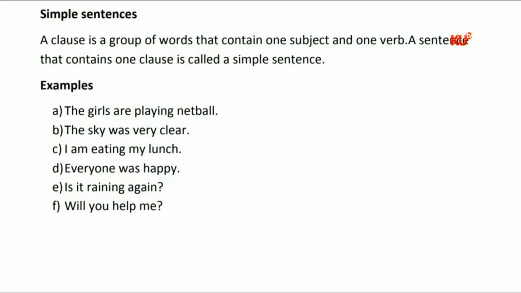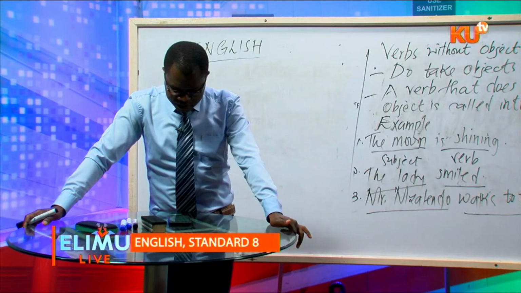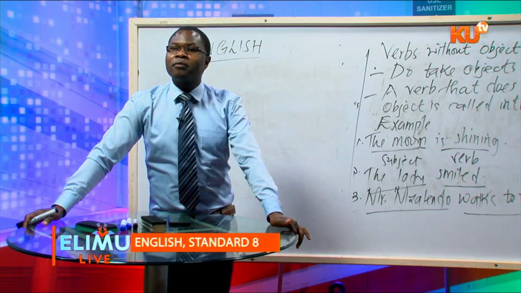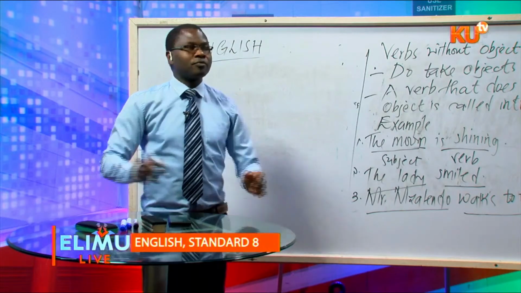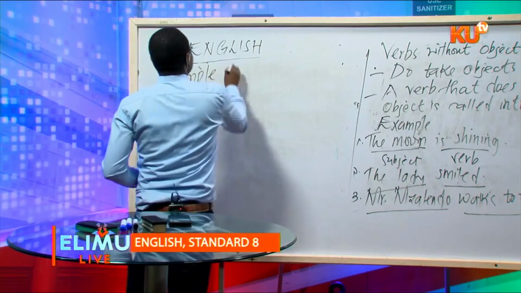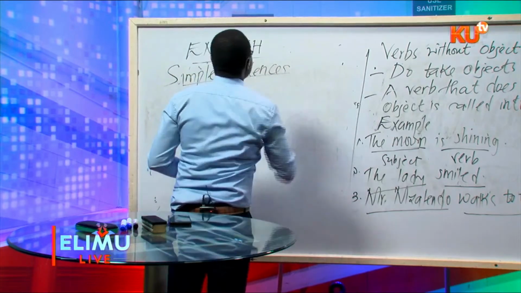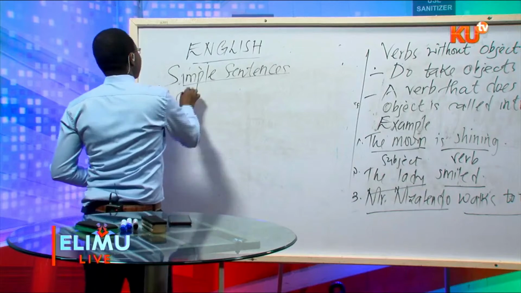So we have simple sentences. A clause is a group of words that contain one subject and one verb. So for simple sentences, we have what we call a clause.